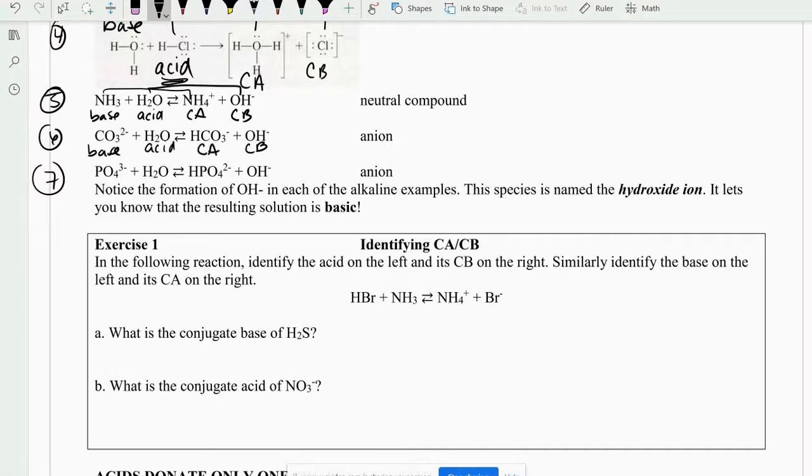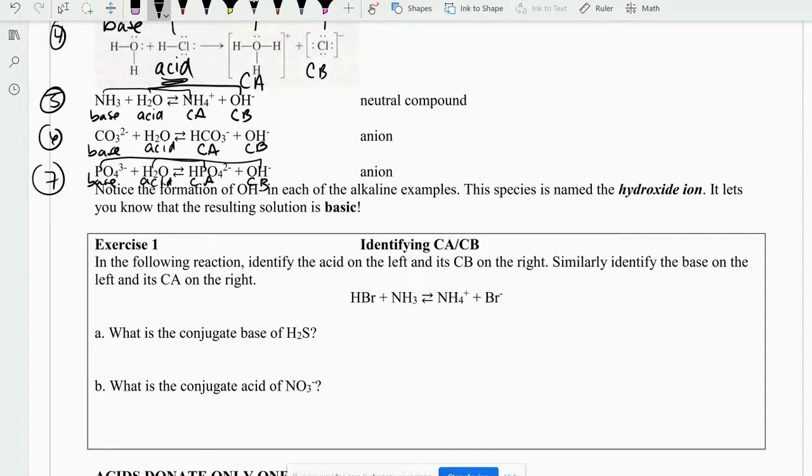I didn't leave much space for you to write here, but our PO4 is the base. Remember, our bases are going to accept protons. You can see that it accepts it over here, so that becomes our conjugate acid. And again, water, for the last time, is our acid. It's going to strip off that hydrogen to form hydroxide, the conjugate base.